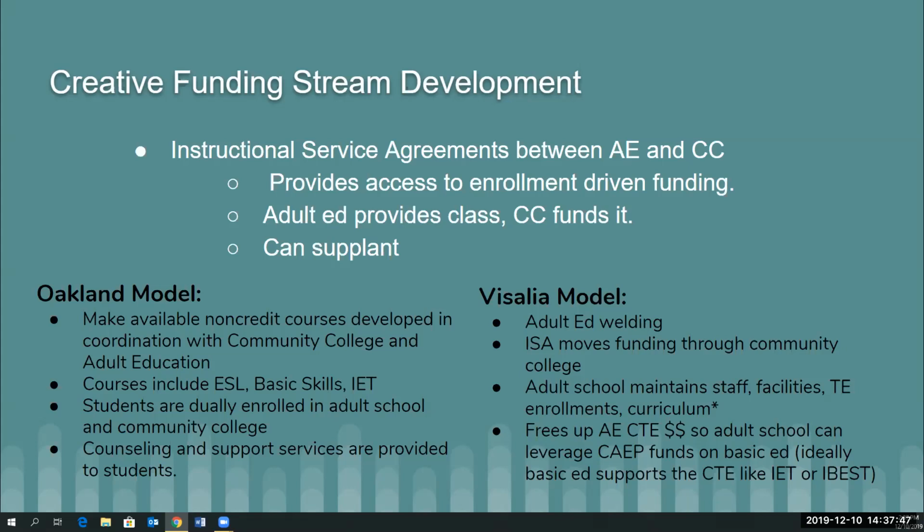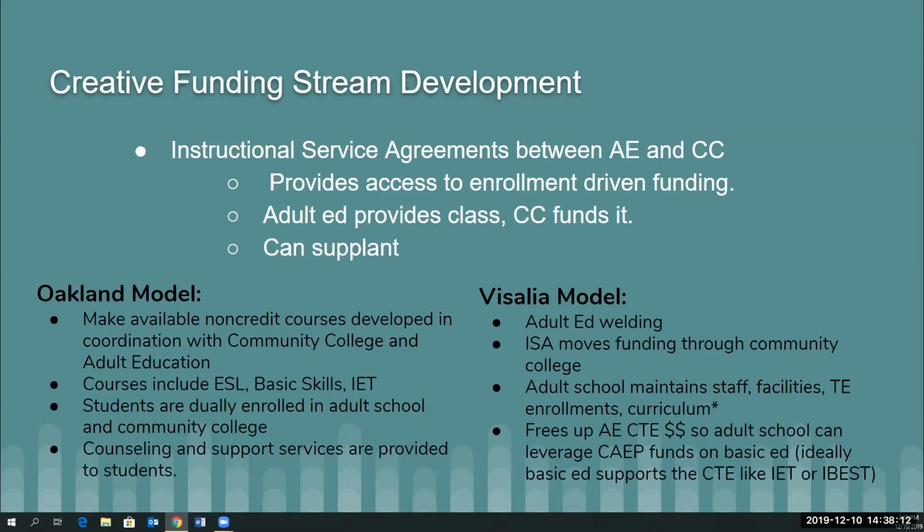FTES is full-time equivalent students. In the old K-12 language, that was ADA. That the college is going to be reimbursed at the state level for their FTES. In our situation, we've agreed to be reimbursed for the cost of our instructors and the supports they need, such as professional development and prep and planning.